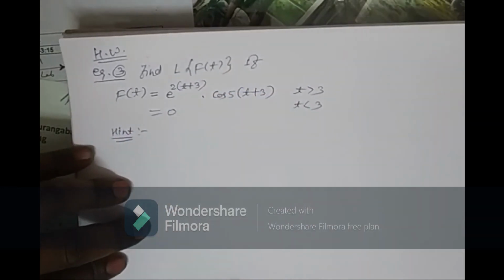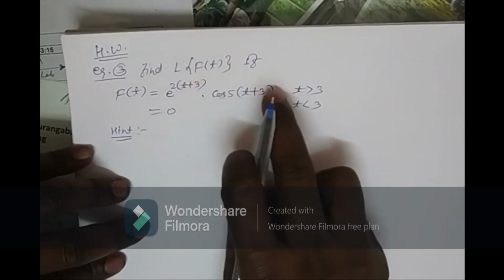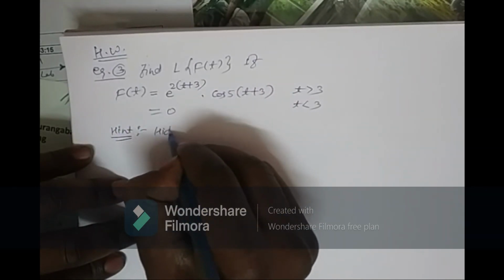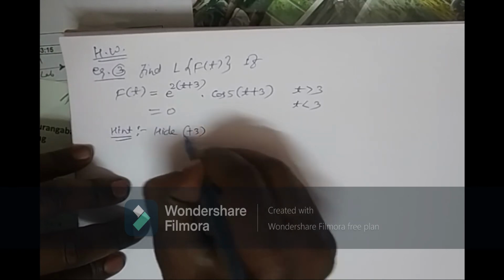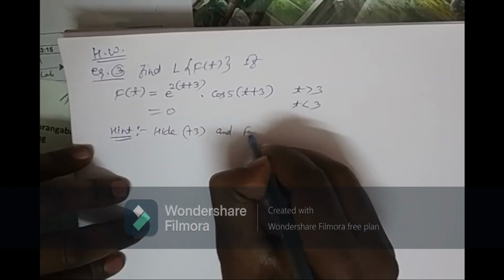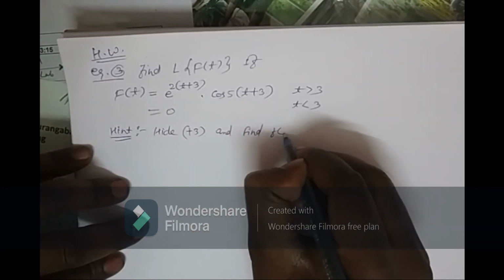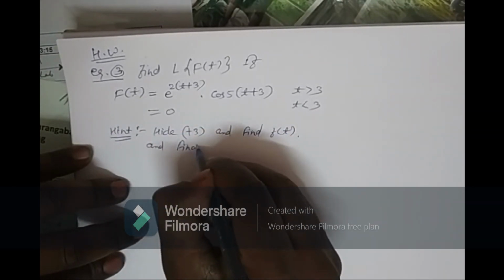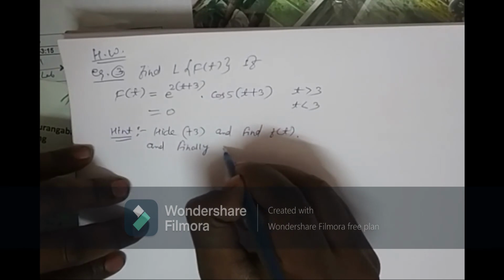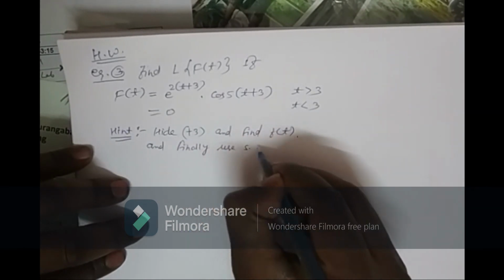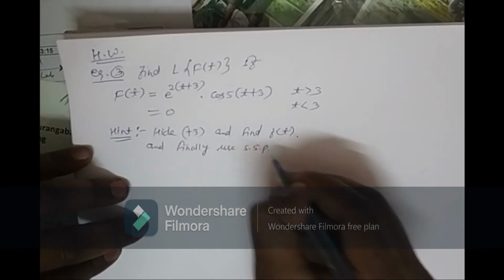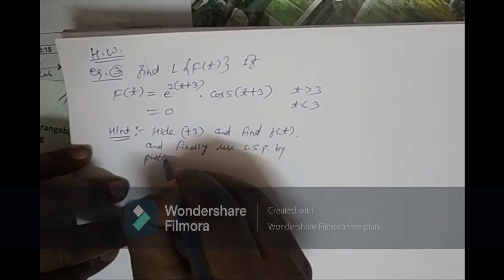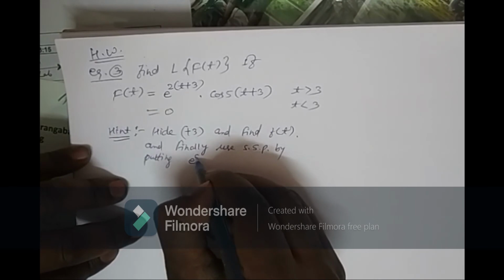Just we have to hide here plus 3, and finally in the answer hide plus 3 and find small f of t, and finally use second shifting property by putting e raised to plus s.